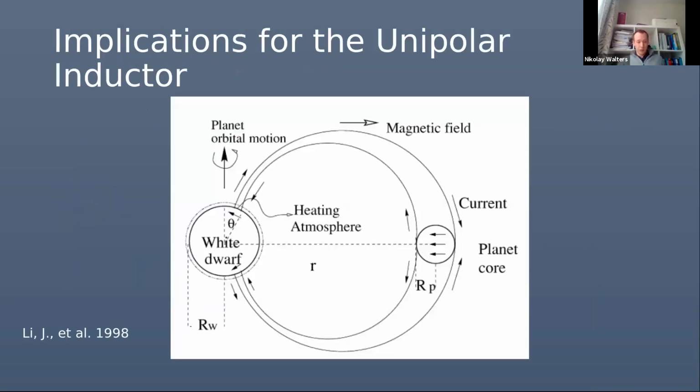So this raises a number of issues when it comes to applicability of the unipolar inductor system. I already mentioned the antiphase relationship between photometry and emission strength and the lack of secondary signals. To add, the rotational rates of these white dwarfs also limit the effectiveness of the unipolar inductor energy transport due to extreme differential rotation of the star with respect to any planetary orbit, causing a notable centrifugal force on ions.